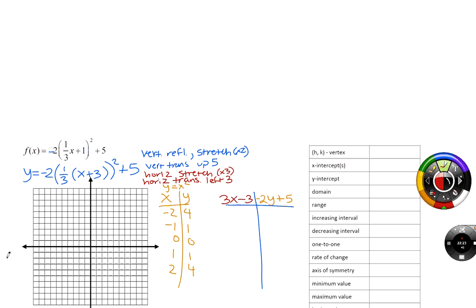Okay? Graphically, we can take our parent function. You guys are going to get really good at knowing this parent function. Can you see why you'll get really good at it? All revolves around it. Okay? We could take this parent function, and we could physically go through these transformations. So let's say I go to do these two: a vertical reflection and a stretch by 2.